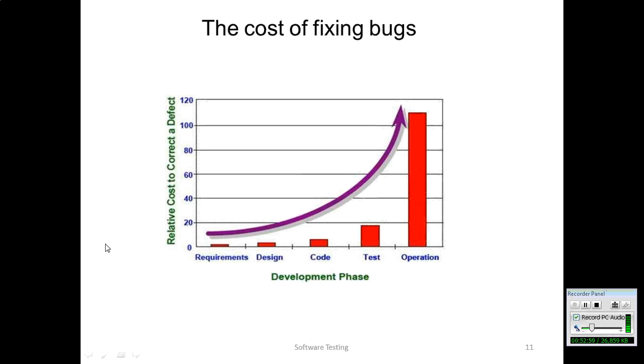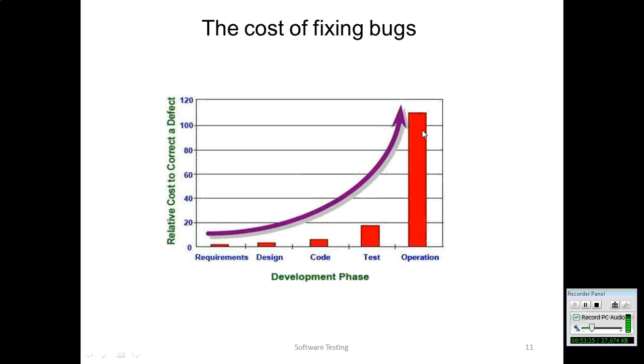As you go into the design phase and you find the same issue there, it now costs maybe around $18,000 to fix the same problem. In coding, to fix the same problem, it may cost you about $30,000.